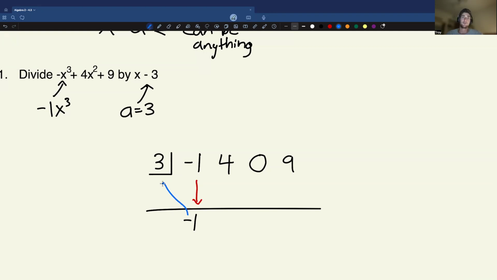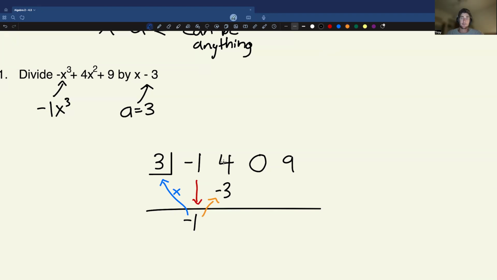So now you multiply this -1 times whatever is in that box, which in our case is just 3, so -1 times 3. Then we write that right underneath that 4. So it always goes to the top right of whatever you multiplied. We multiplied the -1, so we go up and to the right and we write a -3.